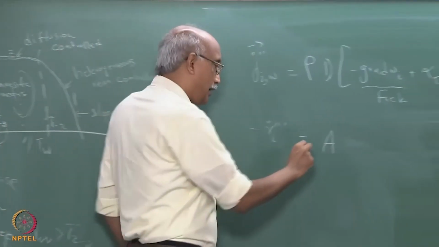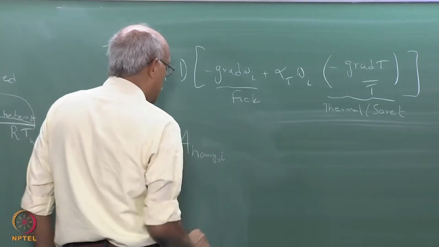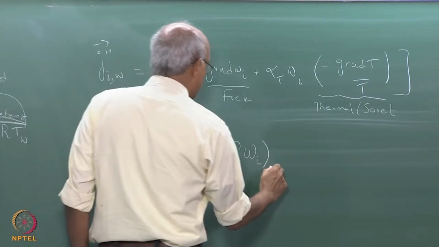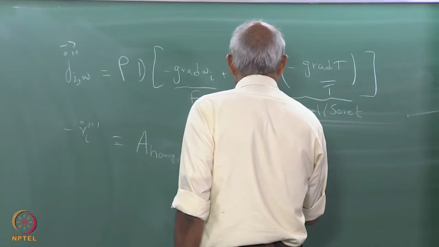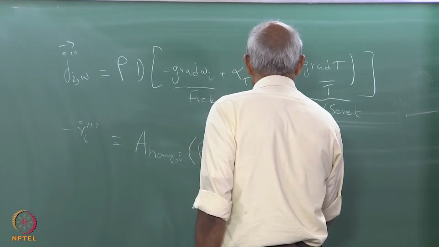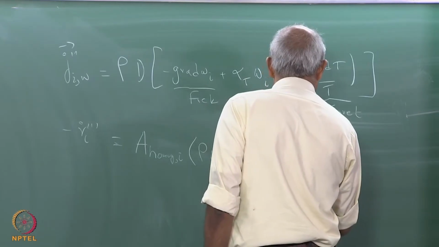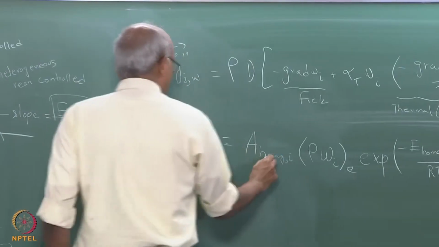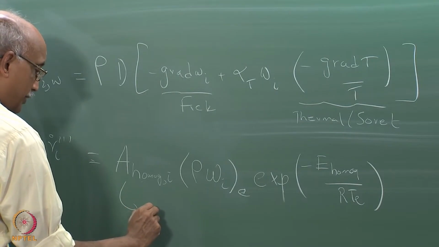So, you can write a homogeneous I times rho omega I E times exponential of minus E homogeneous over RTE, where this is a pre-exponential factor which will depend on pressure.